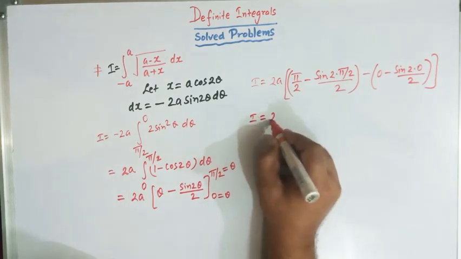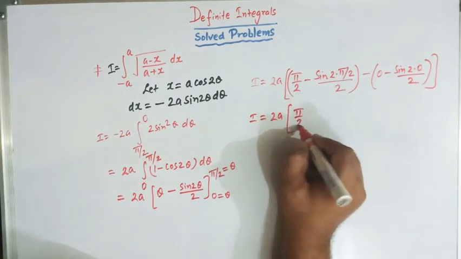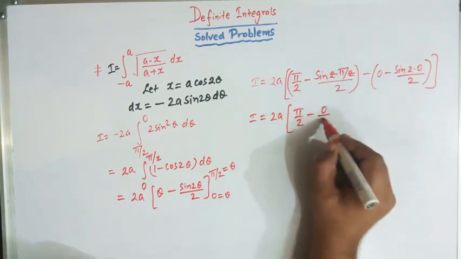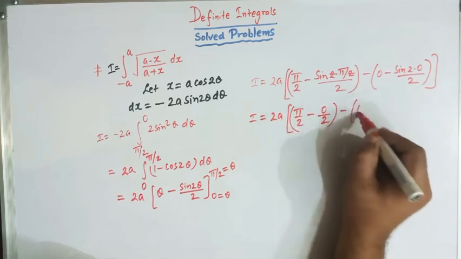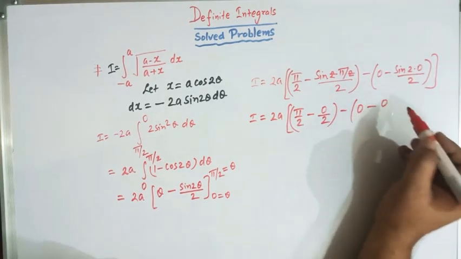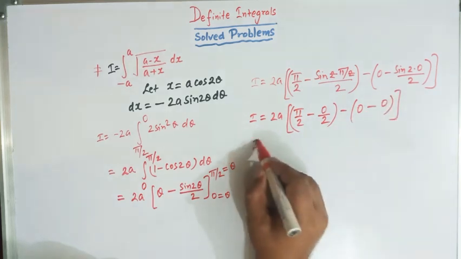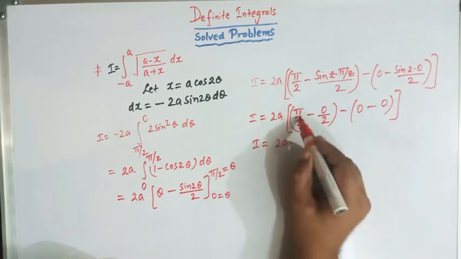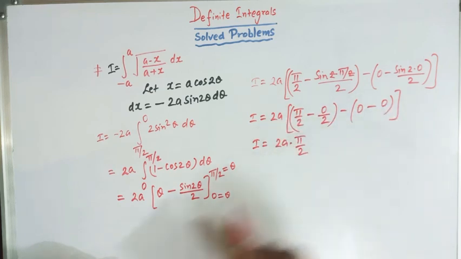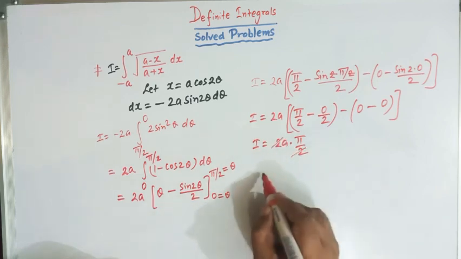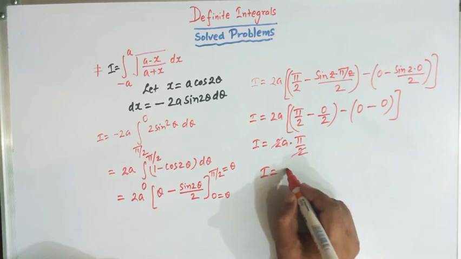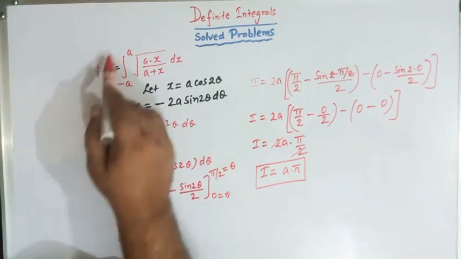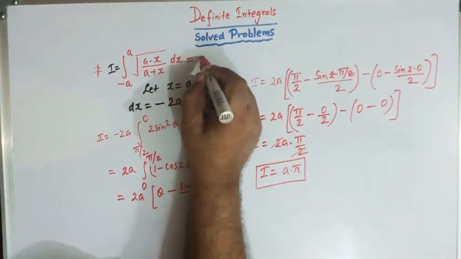Now I becomes 2a times [π/2 − sin π/2 ...] where sin π is 0, and 0 − sin 0 is 0. So I becomes 2a, and the other terms are 0, so we have the term π/2. Now 2 and 2 get cancelled, so we have I equal to aπ. So viewers, the value of this definite integral is aπ.